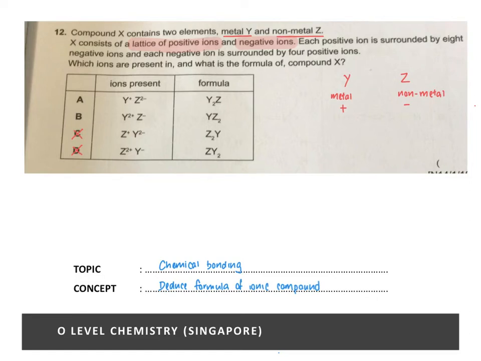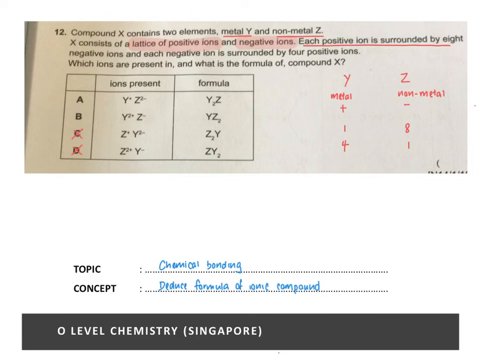So now we need to look at the description of the ions in the lattice in order to find the average number of Y paired with the average number of Z. Alright, what is it saying over here, the next line is this, that each positive ion is surrounded by 8 negative ions, and each negative ion is surrounded by 4 positive ions.